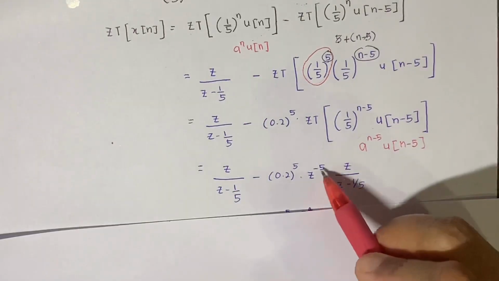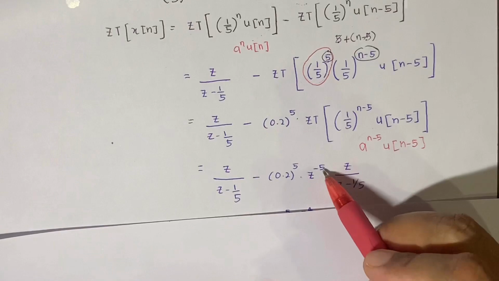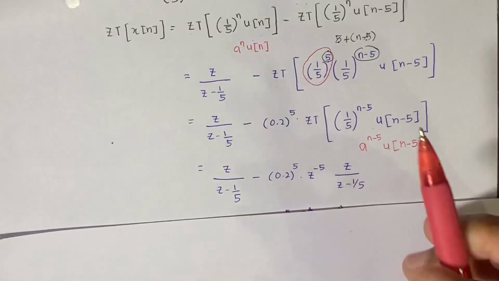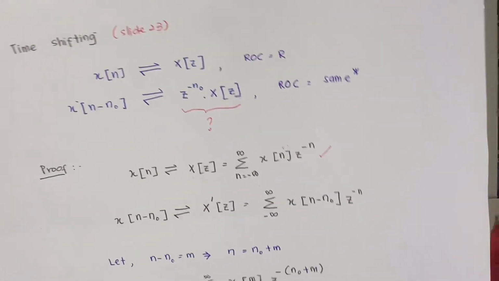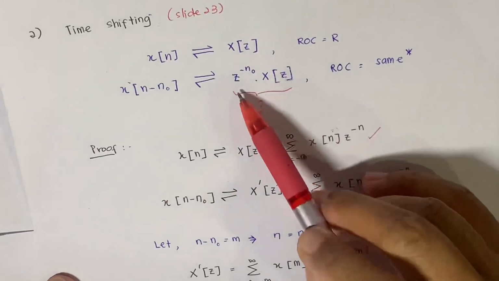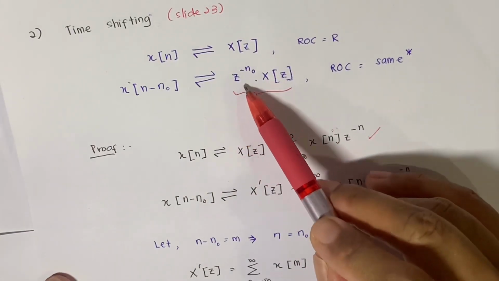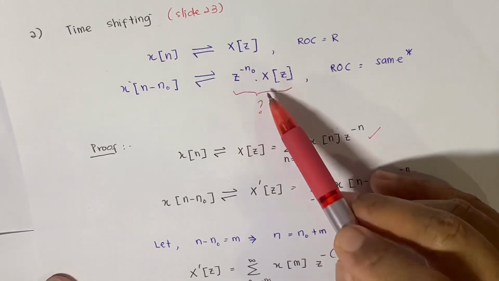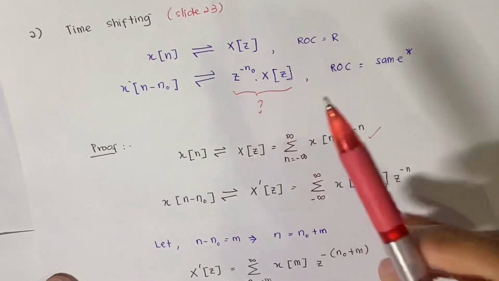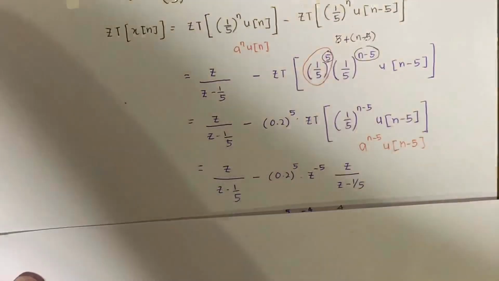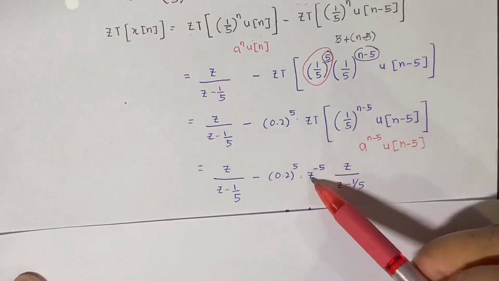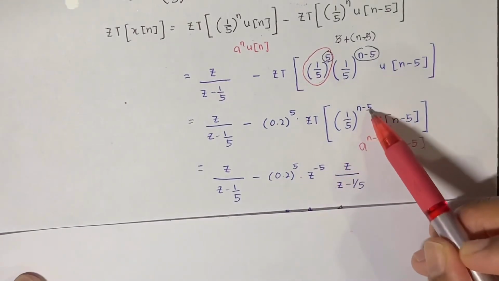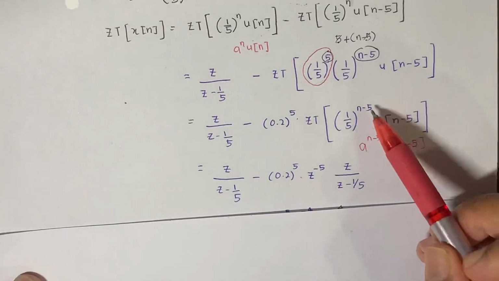So where do you get this Z to the power of minus 5? Z to the power of minus 5 actually comes from this equation, Z to the negative n naught, multiplied by X(z). So Z to the minus 5 because n naught is 5.